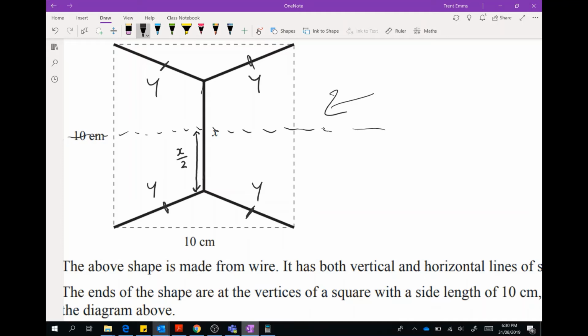And that means that this half of the wire shape here is going to be 5 centimeters, because I'm cutting that whole 10 in half, which makes this height the difference between 5 and x over 2. So that's going to be 5 minus x over 2.